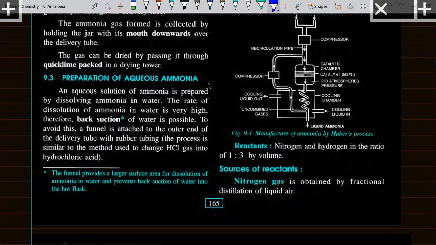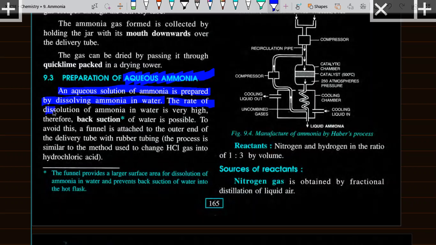Preparation of aqueous ammonia. Aqueous ammonia means liquor ammonia, that is, an aqueous solution of ammonia. So an aqueous solution of ammonia is prepared by dissolving ammonia in water. The rate of dissolution of ammonia in water is very high. Therefore, back suction of water is possible.